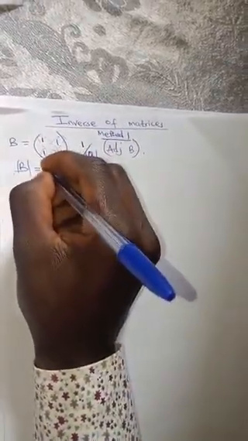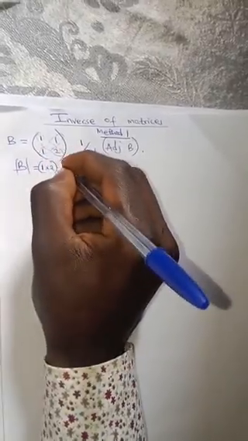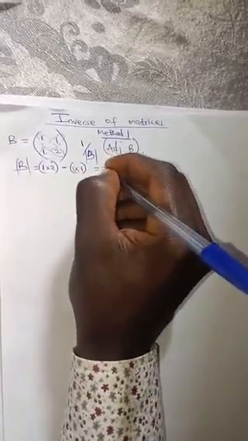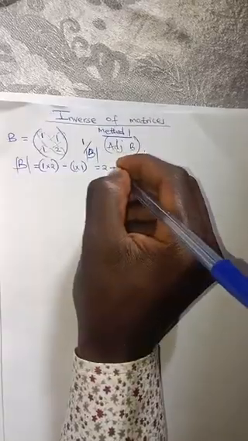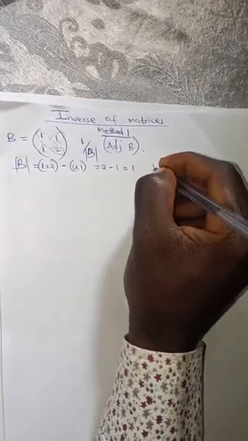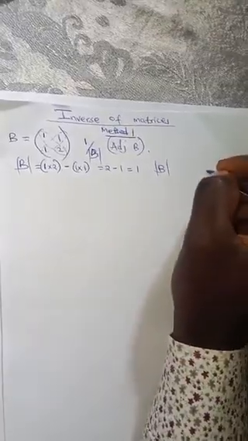That is 1 multiplied by 2, minus 1 multiplied by 1, which is 2 minus 1, which is 1. Then determinant B equals 1.